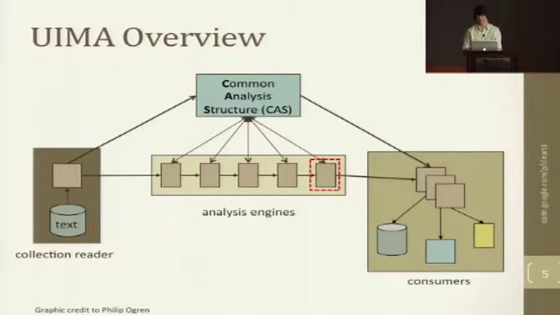This basically reads in all of the documents that need to be analyzed, adding any prior annotations, et cetera. And then the CAS is passed along through a series of analysis engines that add or modify the existing annotations. So you can kind of see how the CAS is the key to the interoperability between the different NLP components using UIMA.